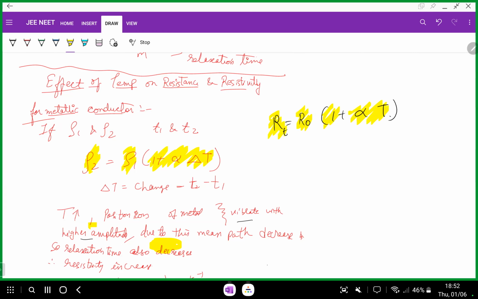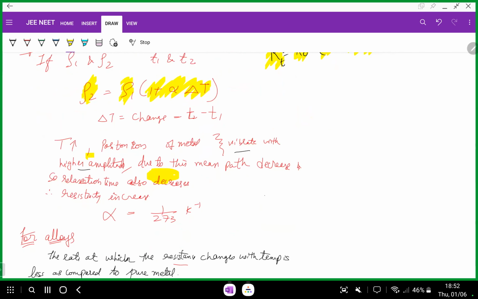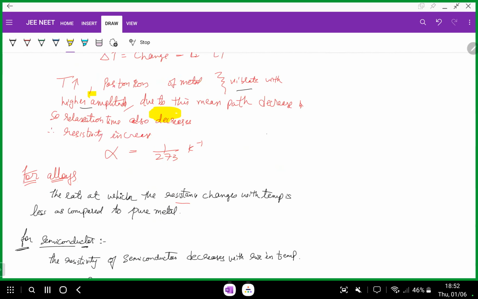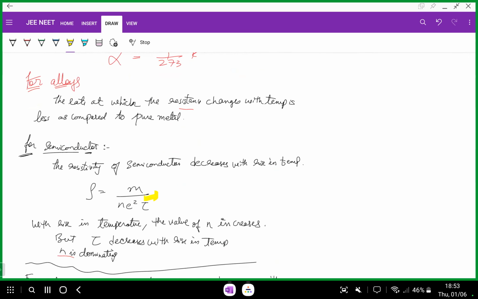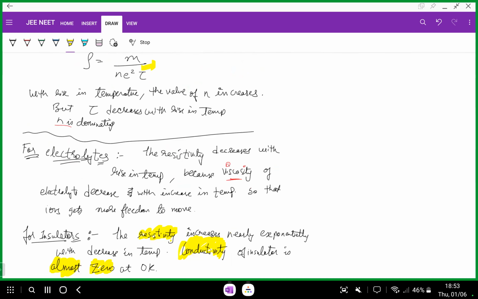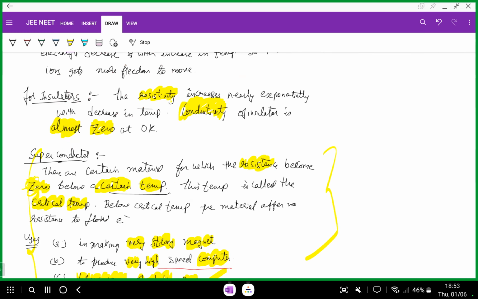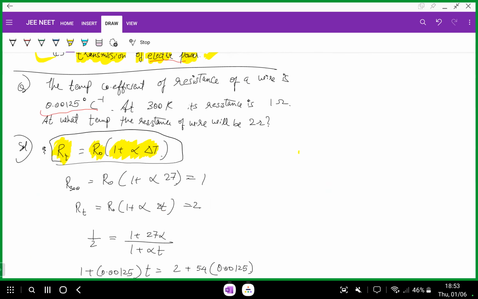Now, alpha is a constant, which will be given in the question itself. It is the temperature coefficient, for example 0.00125. Alpha will be a very, very small value. So RT equals R naught (1 plus alpha T).